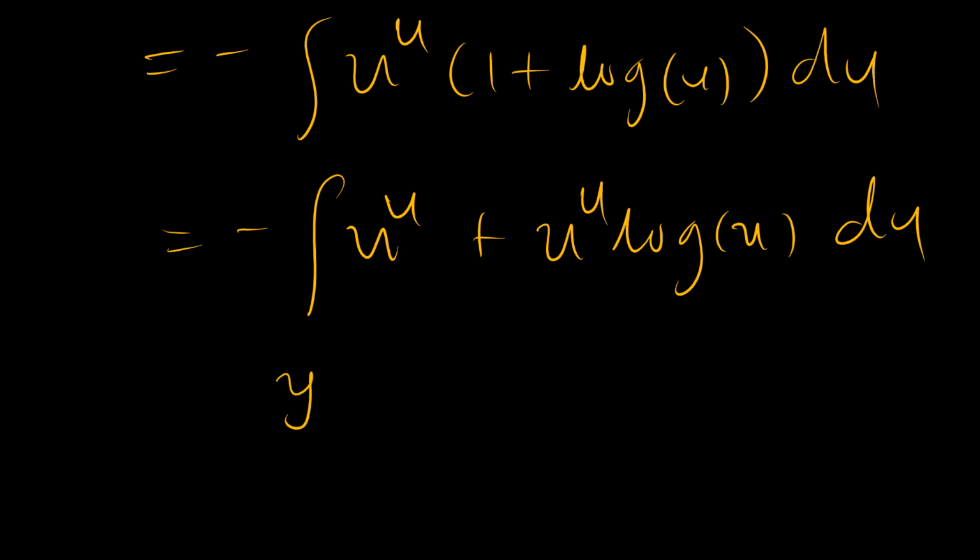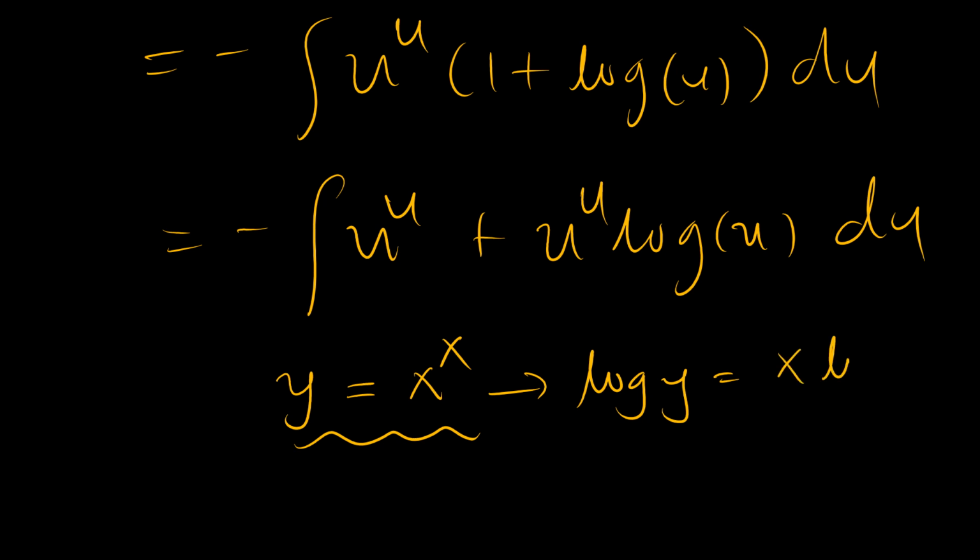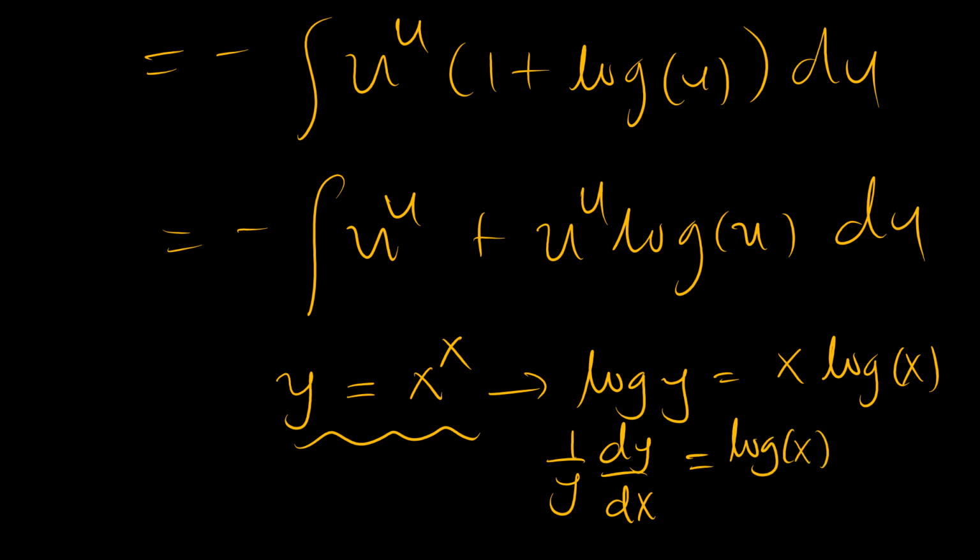If you have a problem where y is equal to x to the power x, right? So that means that the natural logarithm of y is equal to x log of x, and the derivative, 1 over y dy dx, is equal to log of x plus x over x, and this is 1 because the natural log of x, when differentiated, is 1 over x.